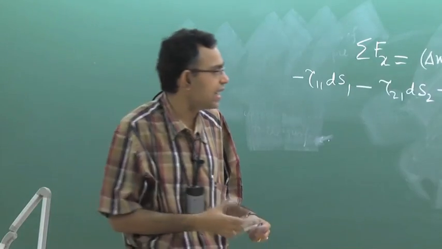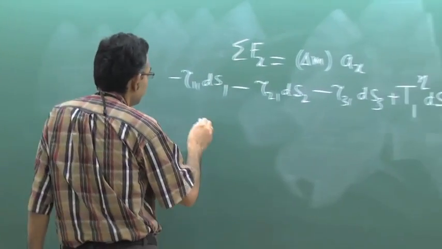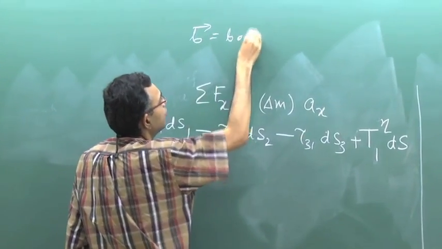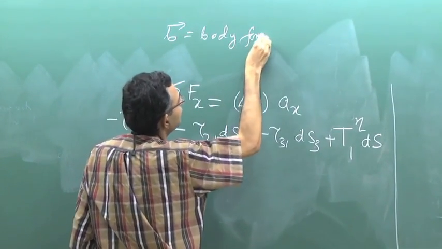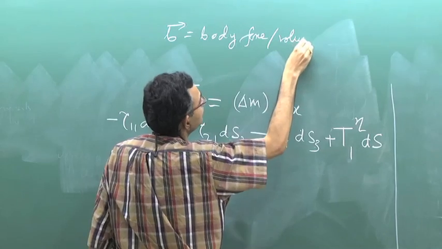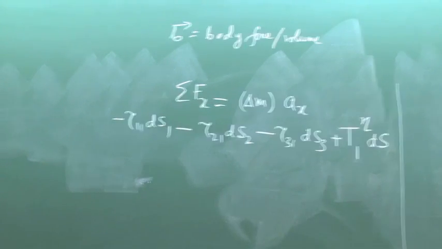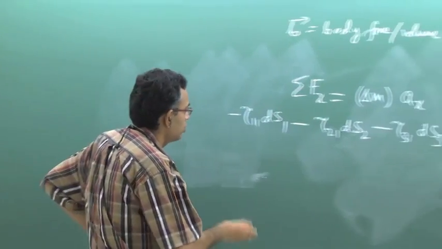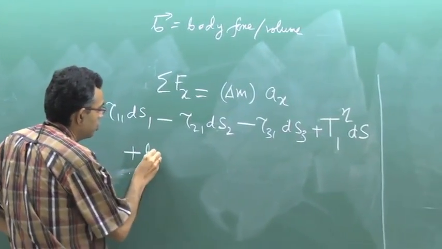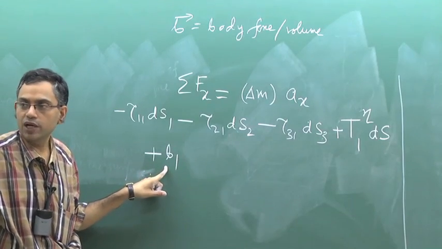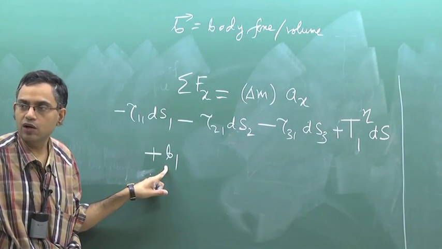So let us say that B is a vector which is body force per unit volume. B with subscript 1 is the component of the body force per unit volume along x.